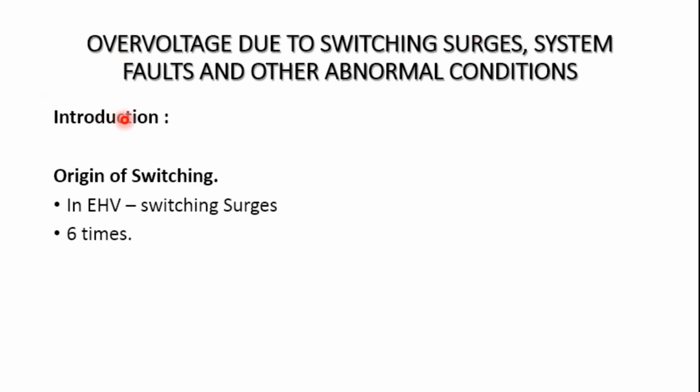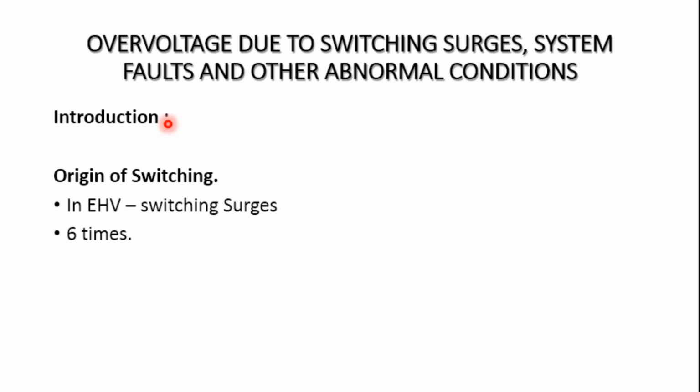So up to transmission voltages of around 220 kV and below, overvoltages due to lightning of very high order are considered, and the voltages which are generated inside the system are not much considered.